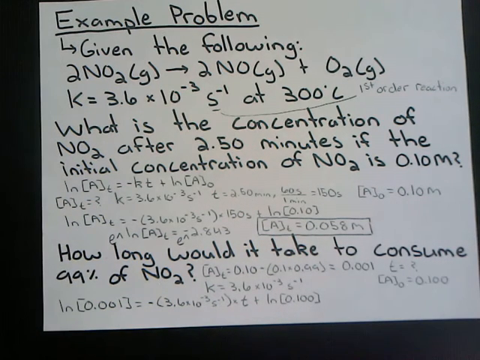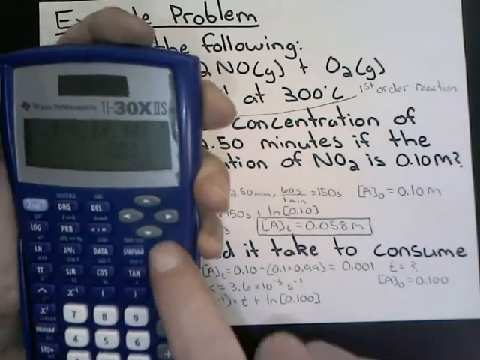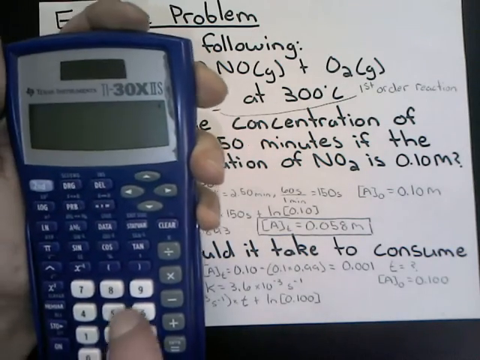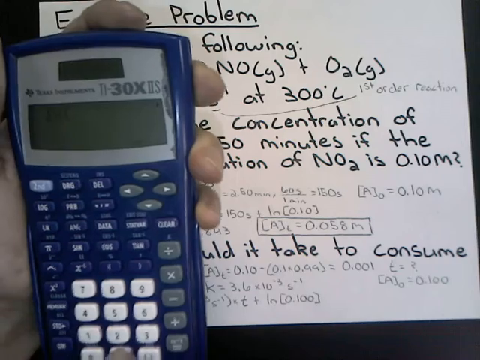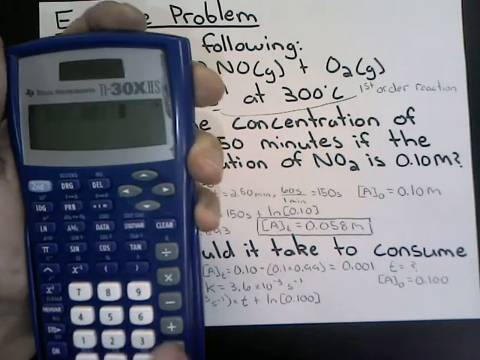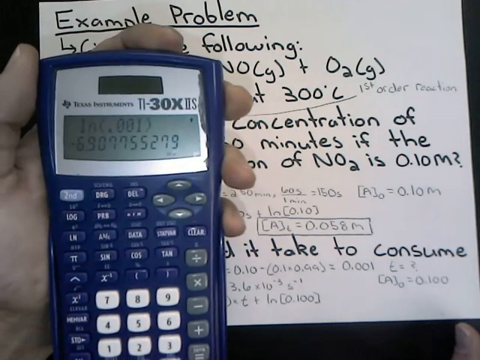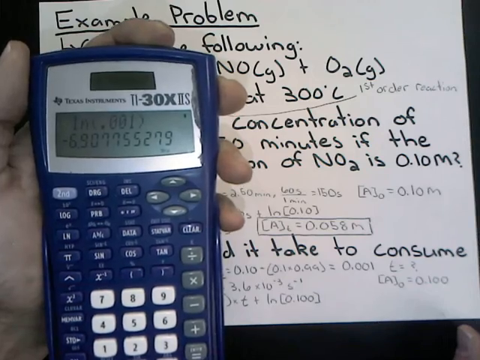Okay, so what I'm going to do in my calculator, I am going to put natural log of 0.001. I'm going to press enter. I get a value of negative 6.908.